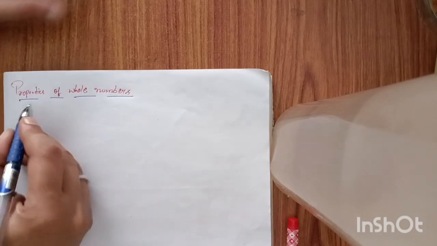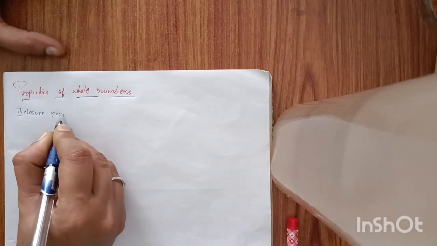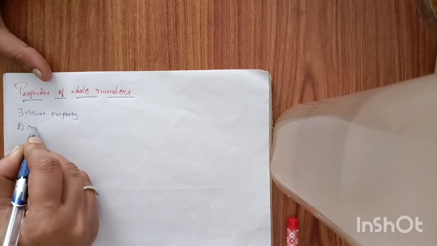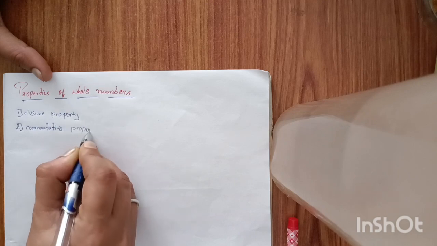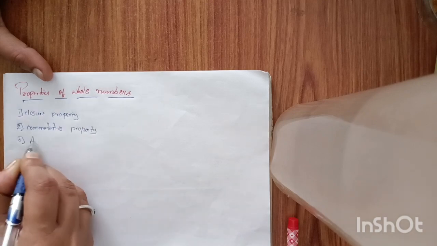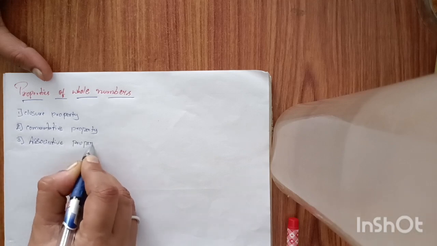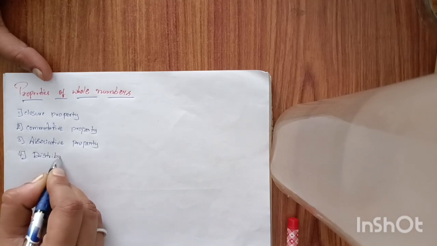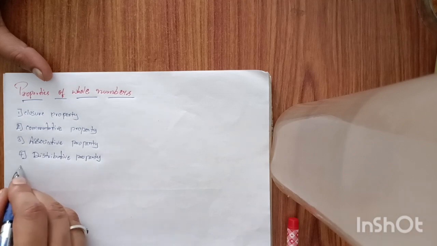So they are closure property, commutative property, third one associative property, fourth one distributive property, next one is identity.